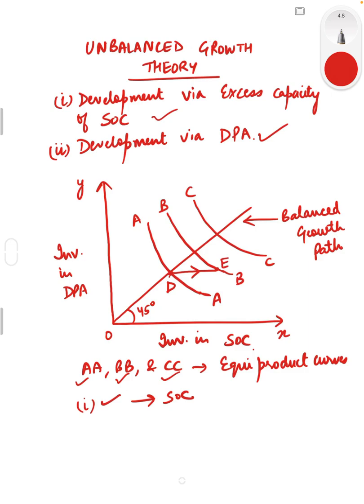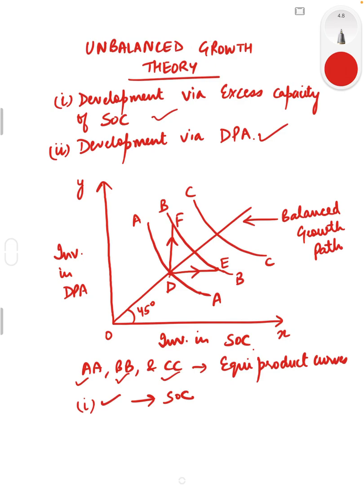Now if you invest in, let us say, irrigation, which is SOC, it will subsequently also lead to an investment in agriculture, which is directly productive. So subsequently the investment in DPA will also increase, right, because of the linkages effect, and it's a trickle down process of development. So once one sector develops, the other sectors will subsequently start developing, right?